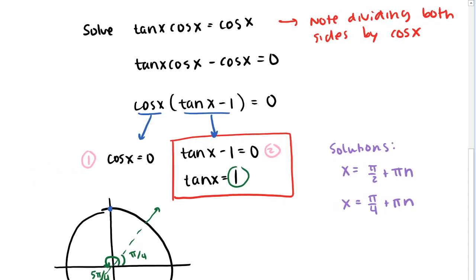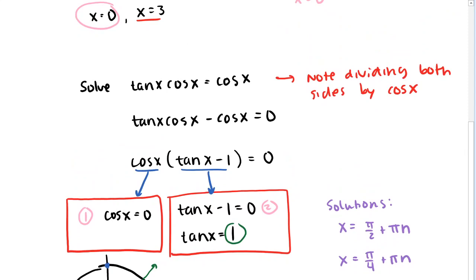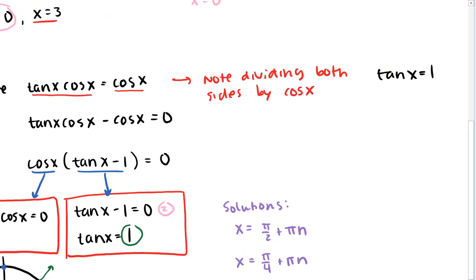But it would miss all of these solutions corresponding to when cosine of x is 0. And here it's clear that if we look at this equation, when cosine of x is 0, we are going to get a solution, right? Because whatever tangent of x is, that times the 0 from cosine of x would still be equal to the 0 of cosine of x on the right side of this equation. So when cosine of x is 0, we get a solution, and dividing both sides by cosine of x would forget all of those solutions.